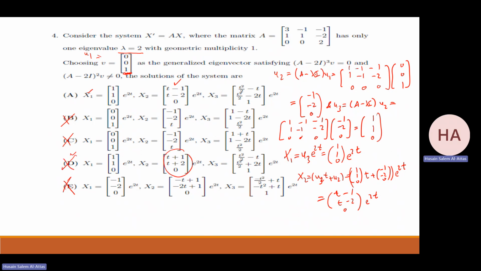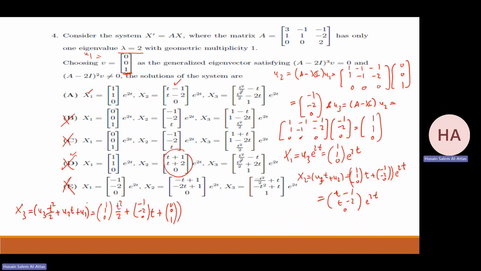So my answer is A, but let me find x3 to be on the safe side. U3 t squared over 2 plus U2 t plus U1. What was U3? 1, 1, 0, t squared over 2. U2 was minus 1, minus 2, 0, t, and U1 was 0, 0, 1.